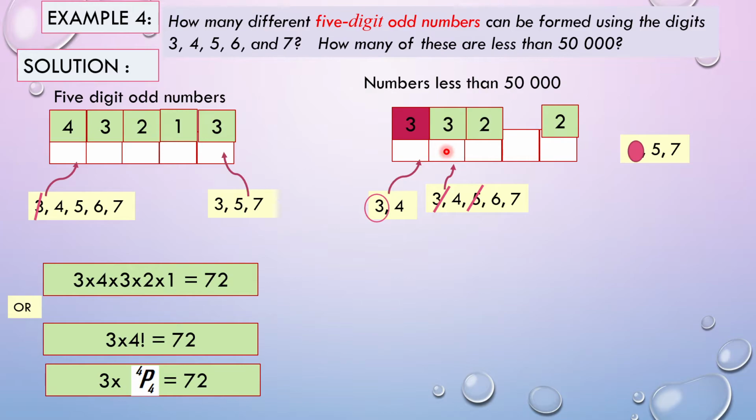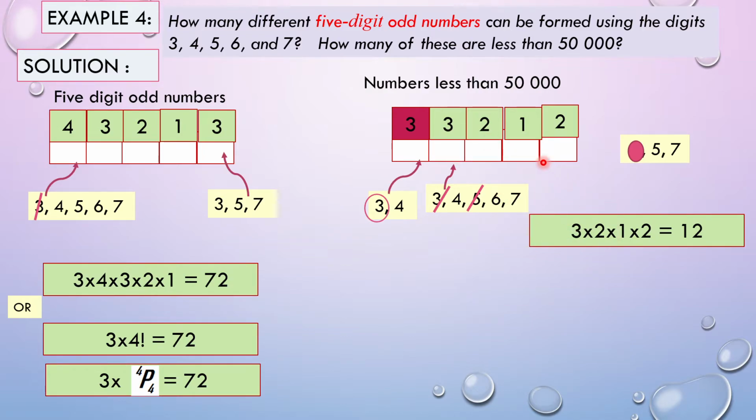So for the third box, we have only 2 left, and for the fourth box, we have only 1. So for the total arrangement, multiply all these numbers and you get 12. Remember, for this case, the first box is occupied by digit 3, so it is a fixed number there.